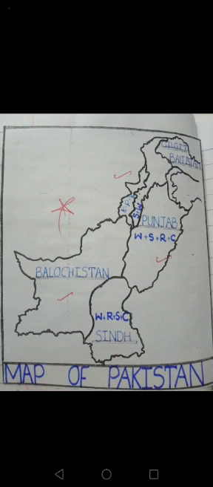So you will write nothing in Balochistan because nothing grows there. Only Balochistan and Gilgit-Baltistan you will leave empty, and in KPK, Punjab and Sindh you will mention the respective crops that grow here. So this was the map number 2 of Pakistan. You will give the heading below the map, the heading of map of Pakistan.